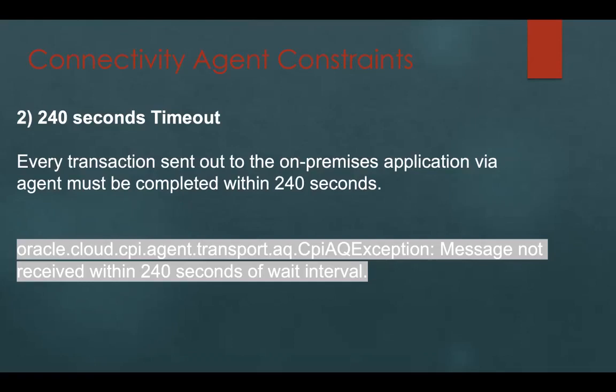But there is no meaning of this data, because the OIC thread has already been deactivated or removed. So if OIC does not get the response from the connectivity agent within the 240 seconds, then your integration may fail.